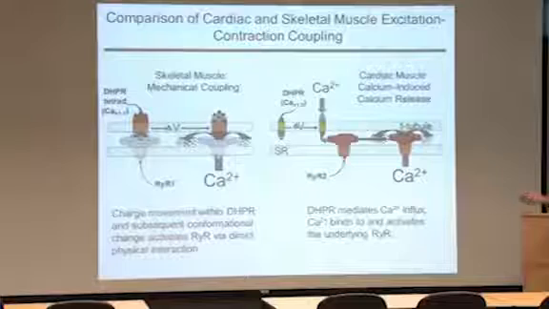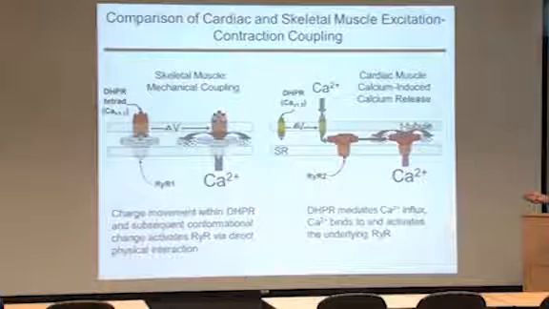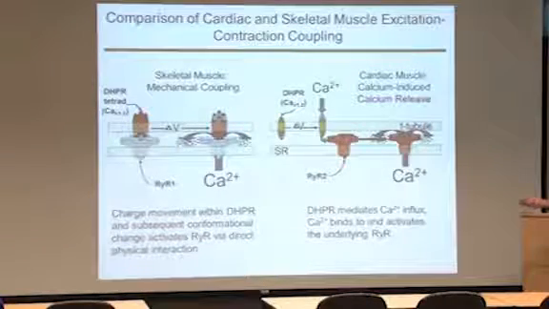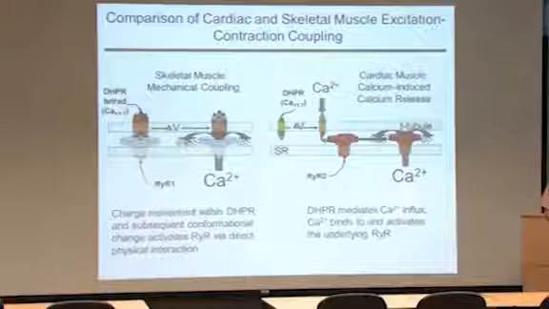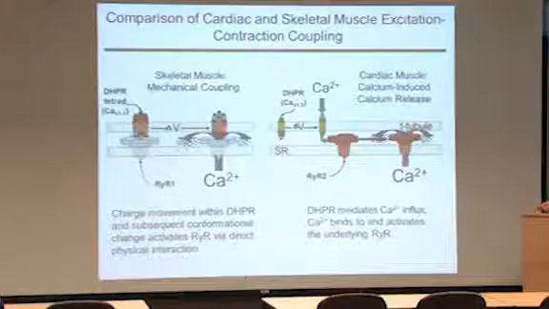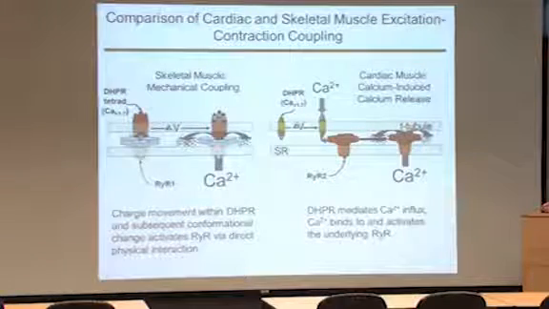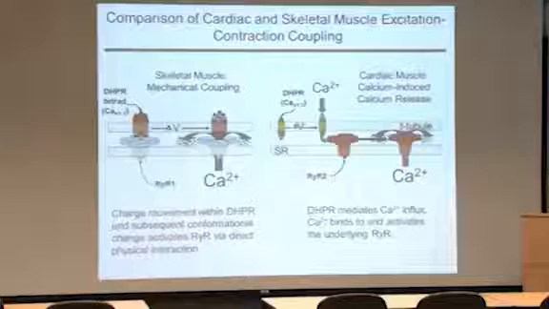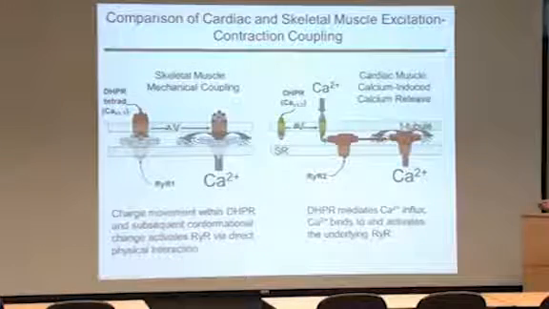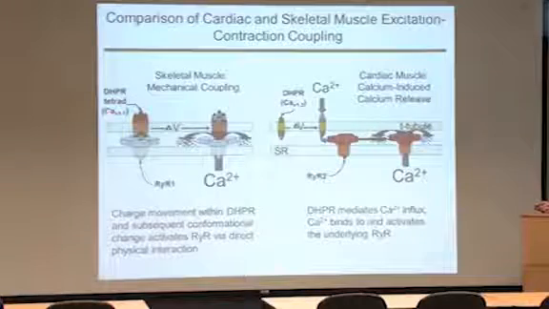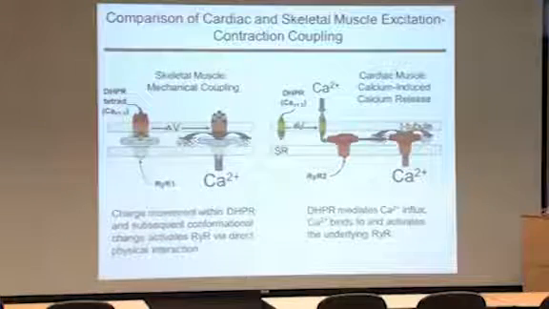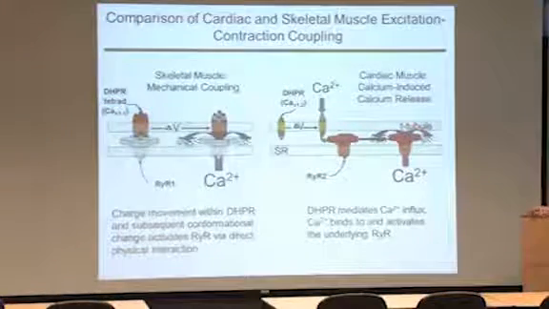But that voltage-driven conformational change in the L channel is communicated to the ryanodine receptor through a mechanism that's not really clear. We're still trying to figure out the exact interaction between the two and how the movement of one channel opens the other. But that opens the ryanodine receptor. Calcium flows out. In skeletal muscle, these dihydropyridines, the L-type calcium channel, the pore-forming subunit is CaV1.1, and the ryanodine receptor is isoform 1.